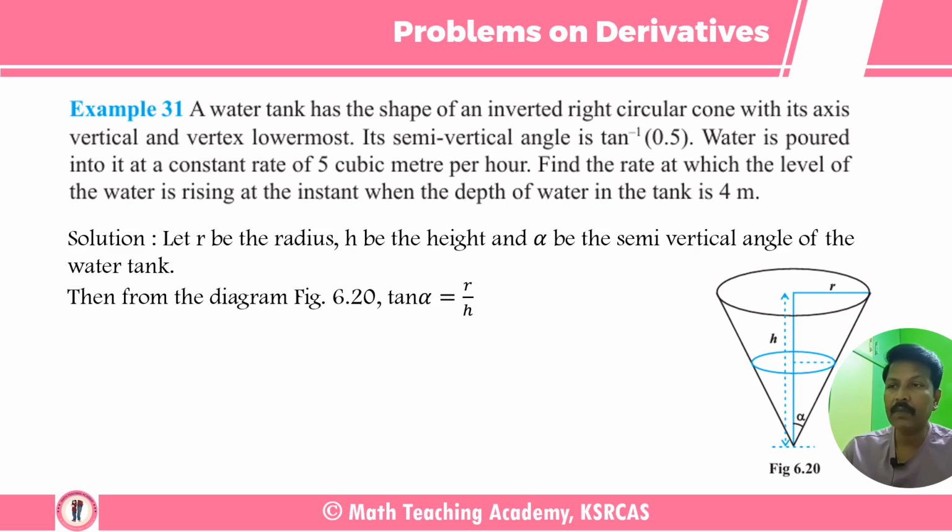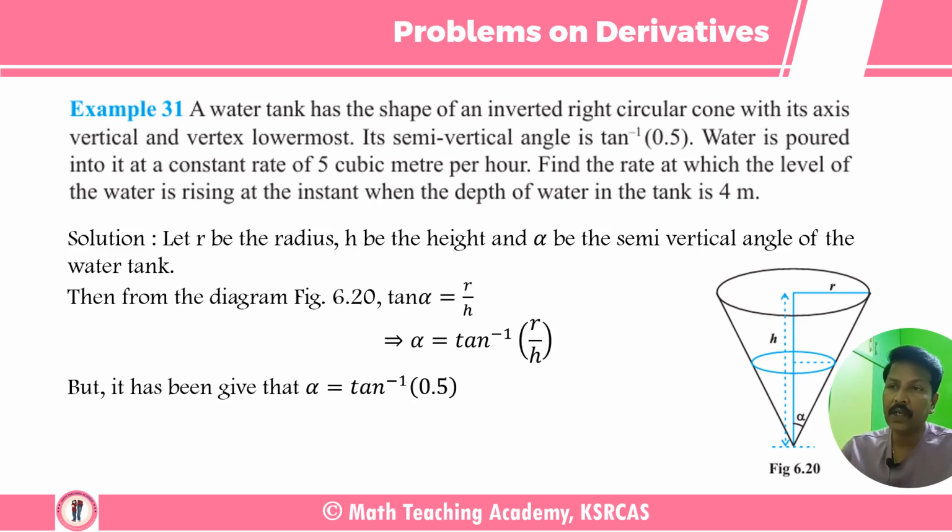Then from the diagram shown in figure 6.20, we can say tan alpha is equal to R by H, because tan theta is opposite side by adjacent side. Therefore, from the diagram, tan alpha is equal to R by H, which implies alpha is equal to tan inverse R by H.